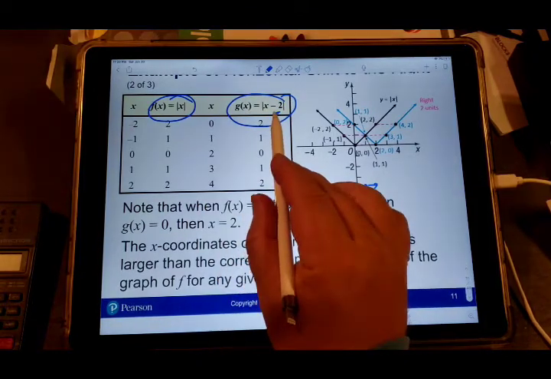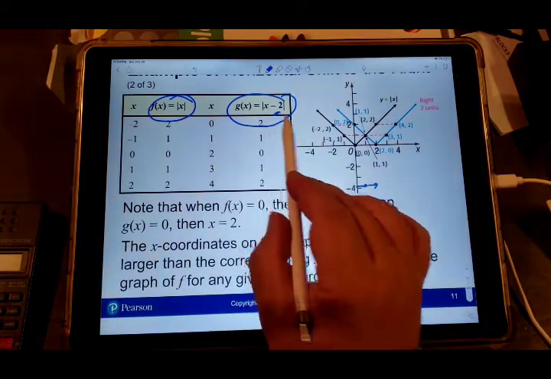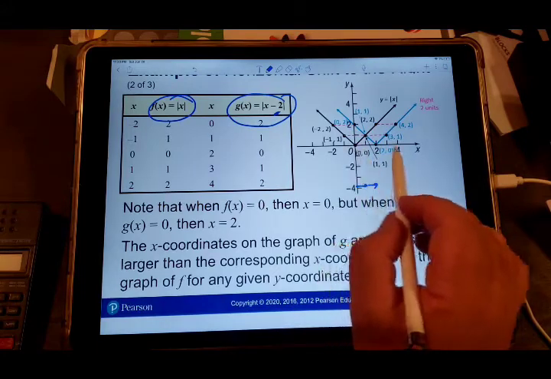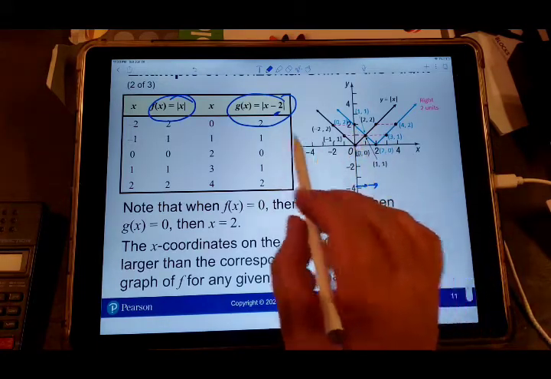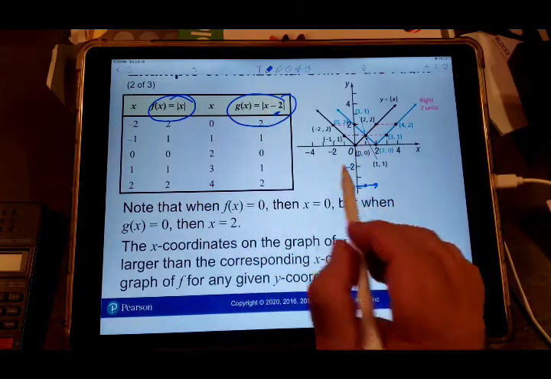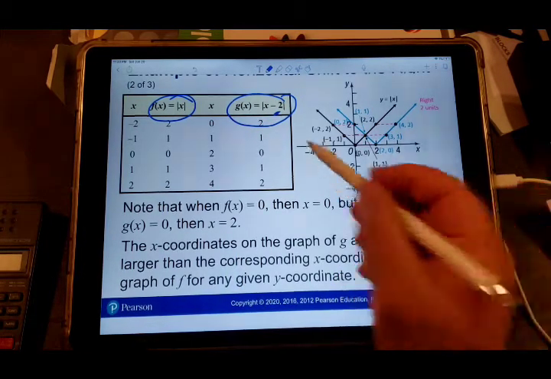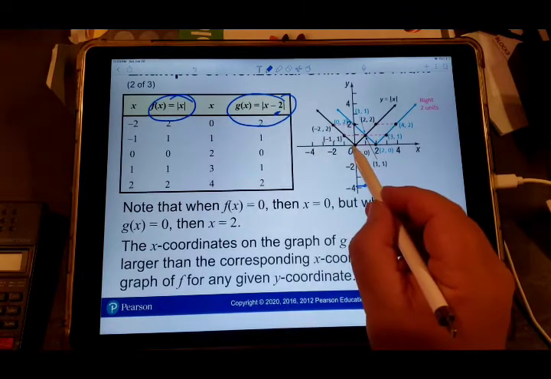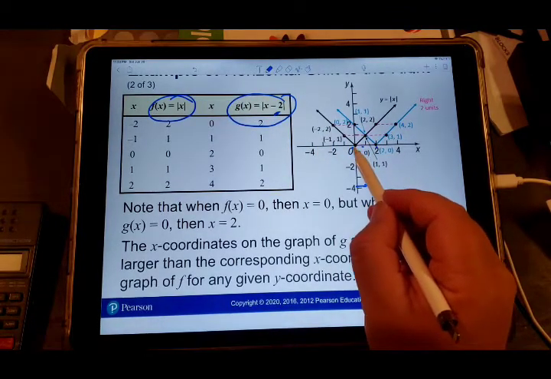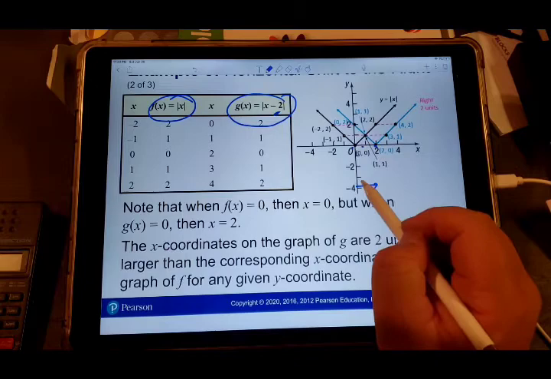Now, some people see a minus, and they understand why it's shifting the graph along the x-axis instead of the y-axis because everything's happening to the x. But they might have a little trouble as to why I'm shifting to the right, not left, when it says minus. In other words, I'm shifting it like what some people might consider positive 2.